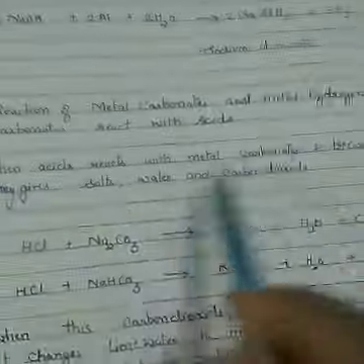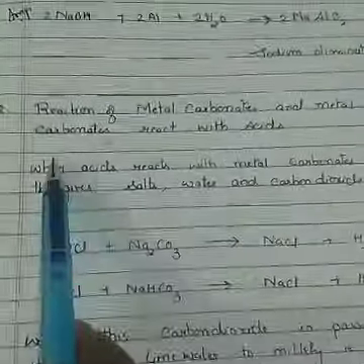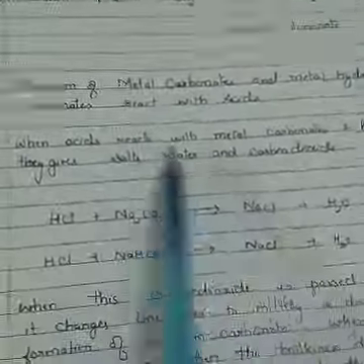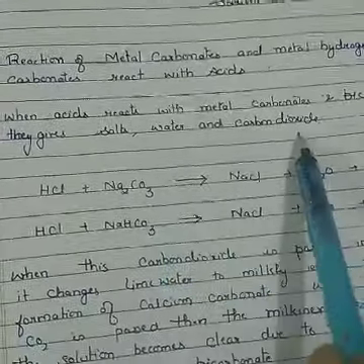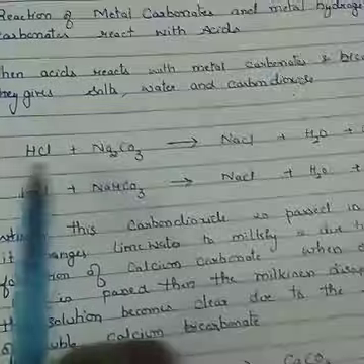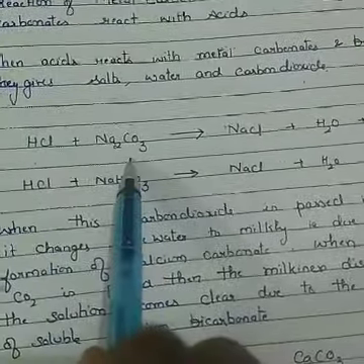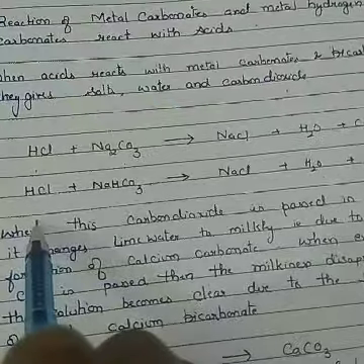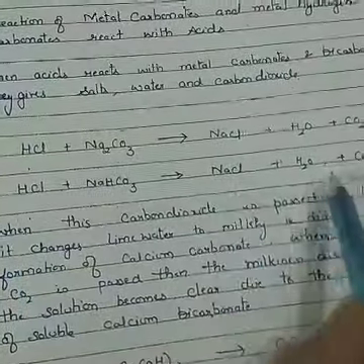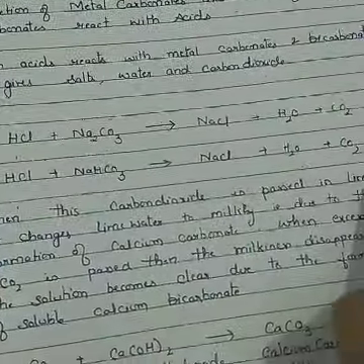Is it clear? So once we will go with this reaction of metal carbonates and metal hydrogen carbonates with acids. When acids react with the metal carbonates and bicarbonates, they give salt, water and carbon dioxide. Take one example. HCl plus Na2CO3 gives rise to NaCl plus H2O plus CO2. Similarly, HCl plus NaHCO3 gives rise to NaCl, water and carbon dioxide.